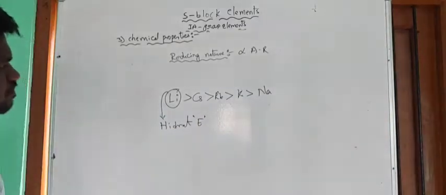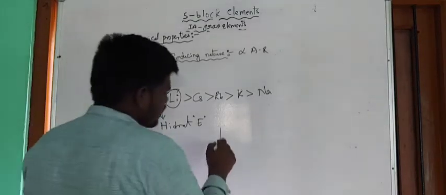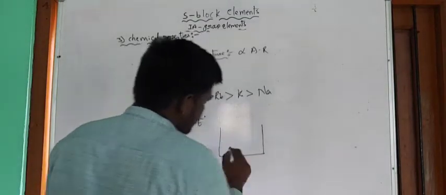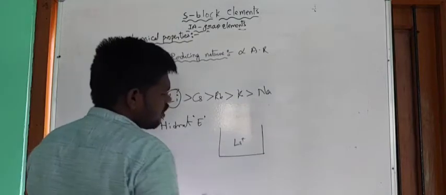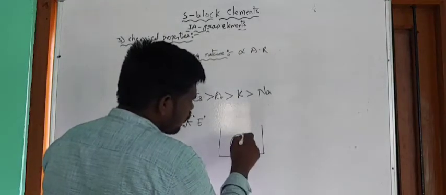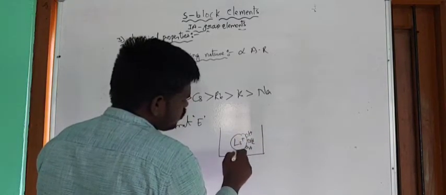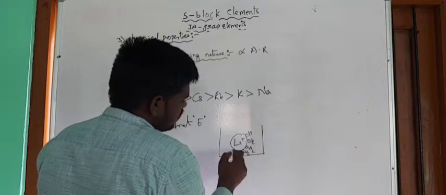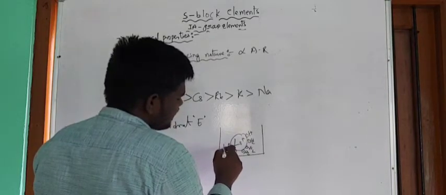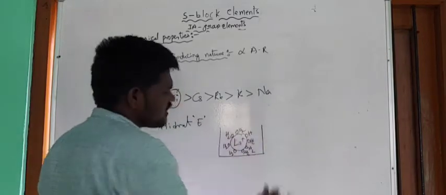When lithium is dissolved in water, it forms the lithium ion, and this ion is surrounded by a larger number of water molecules. During this process, more energy is liberated, and the ion becomes very stable.